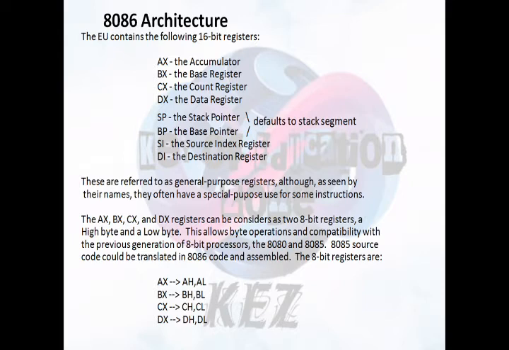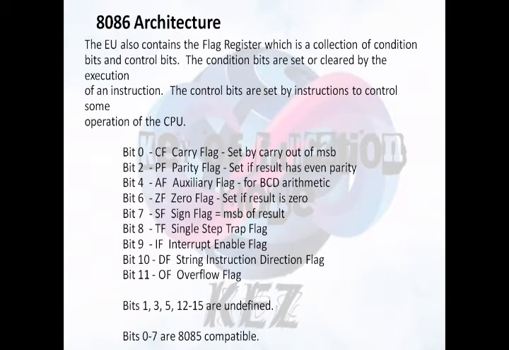Okay? And another thing, the 8086 BIU produces a 20-bit physical memory address. See here, you can also check from the screen. Here the EU also contains the flag register, which is a collection of the condition bits and control bits.